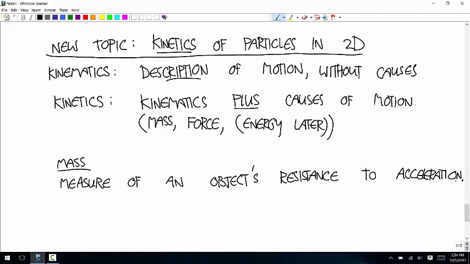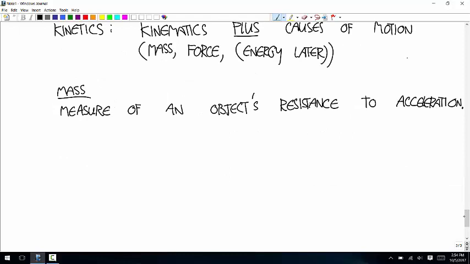The object that has less mass is going to accelerate more. The more massive object is more resistant to being accelerated. It's like a semi coming towards a little car.